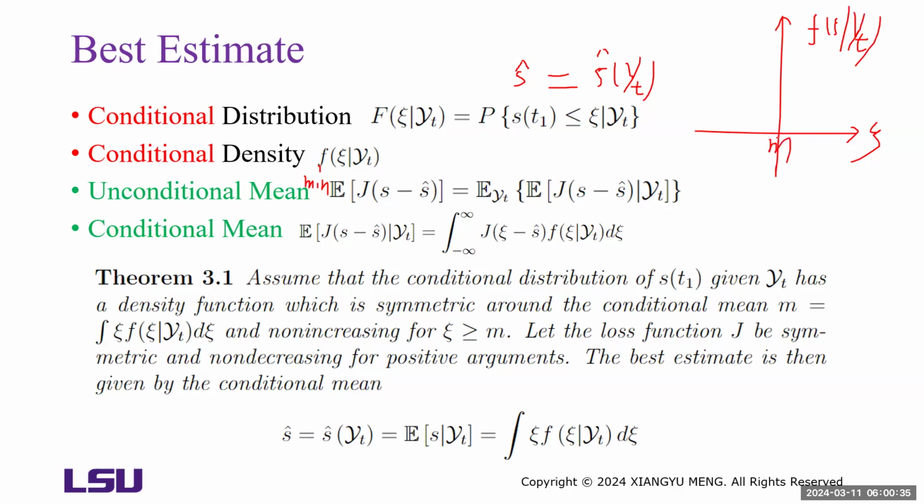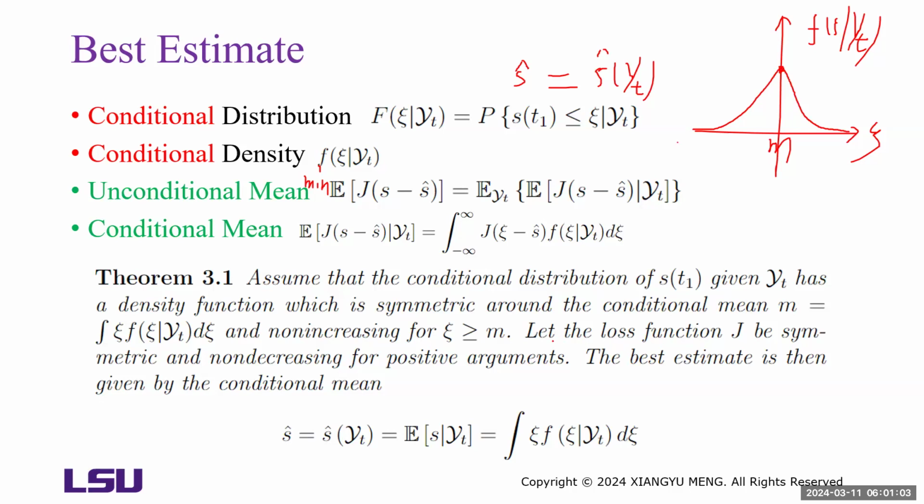The function is symmetric around the mean value and non-increasing for c greater than m. The density function will be something like this. Then the integral from negative infinity to positive infinity is 1. It has the highest value when c is m, the mean value.